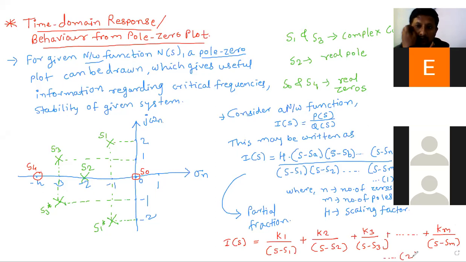So we can say that the given network function, by using partial fractions, we can convert into this, where K1, K2, K3 are the coefficients, which we can find out. And this is in the Laplace domain.